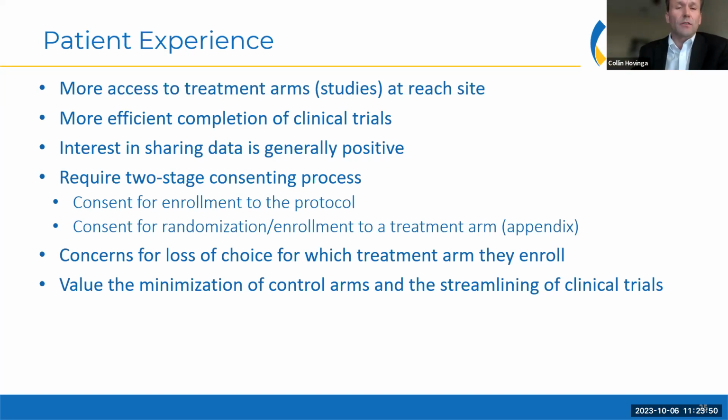One of the biggest concerns usually from individuals, I don't know how many on this call have enrolled patients in clinical trials, is the loss of autonomy that they might fear, because in this process you're agreeing to be randomized in the platform trial, and so you don't get to choose which treatment arm. You have to be randomized to the ones that are available, and some may be less interesting to families as they participate.